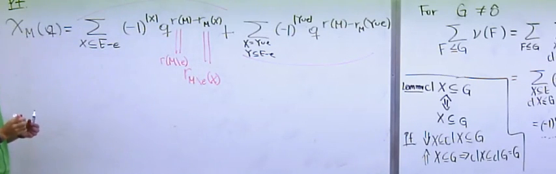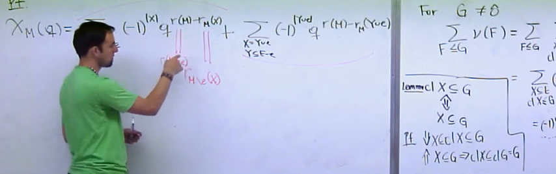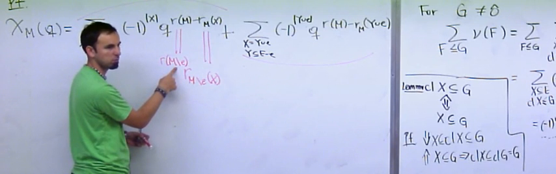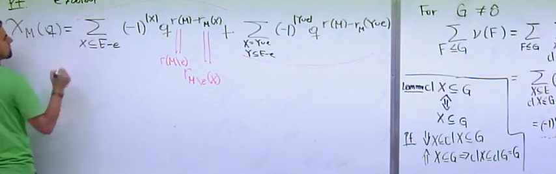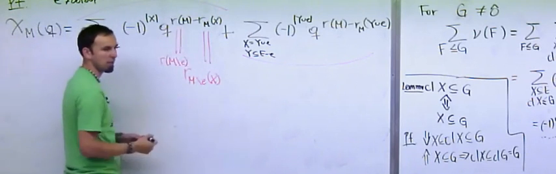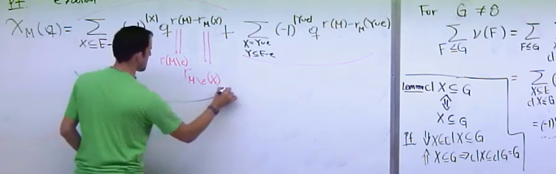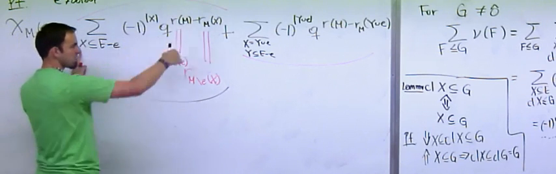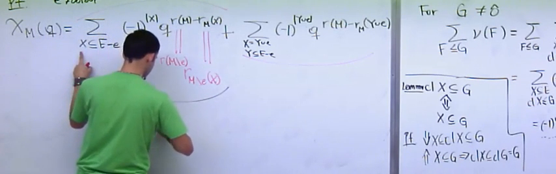Why is that? Because the matroid has certain bases. Now the bases are the ones that don't contain e. And there are bases that don't contain e, because e is not a coloop. I'm doing this for e not a coloop. So if e is not a coloop, then M and the deletion have the same rank. And so you see what I have here is exactly the summation over the ground set of M delete e of the same expression but for M delete e. So this is M delete e, Q.